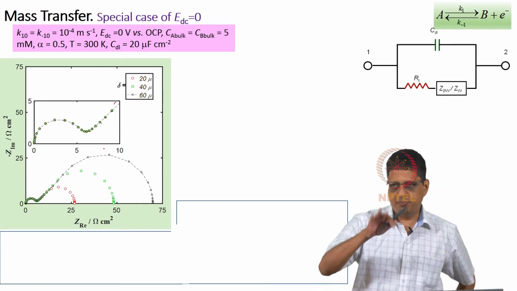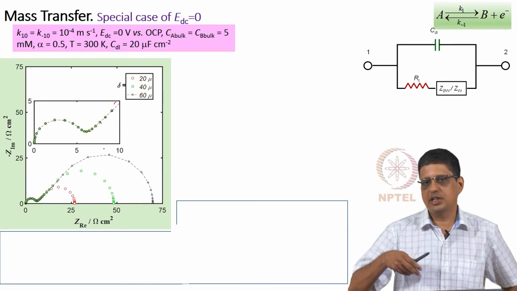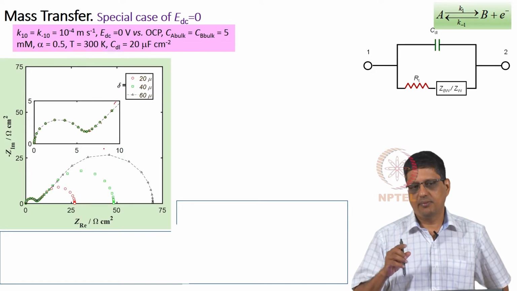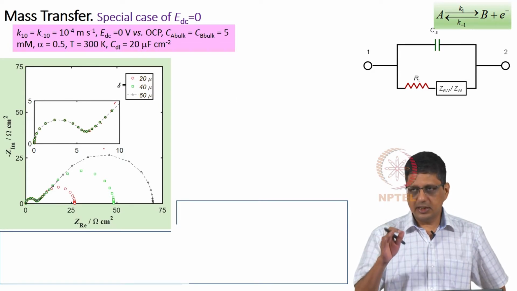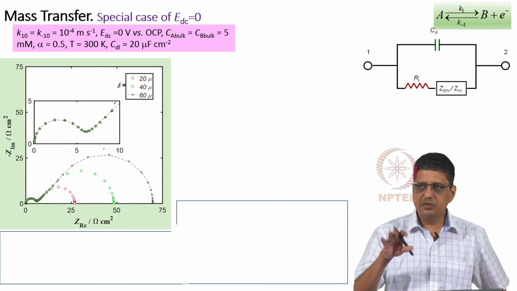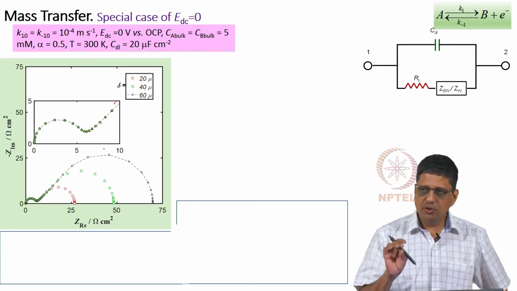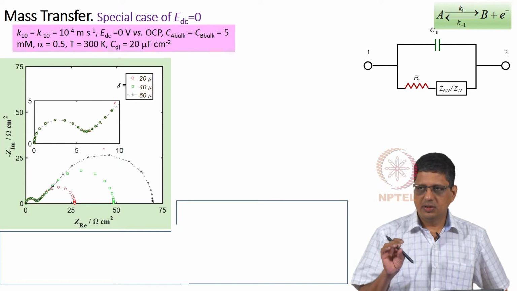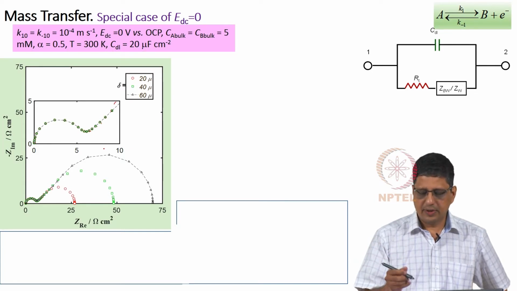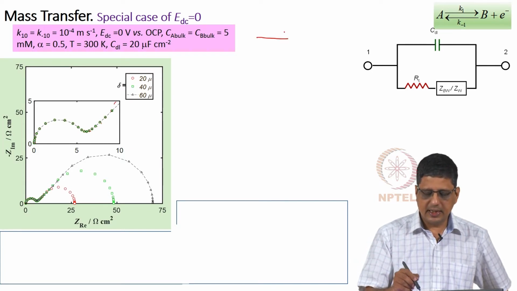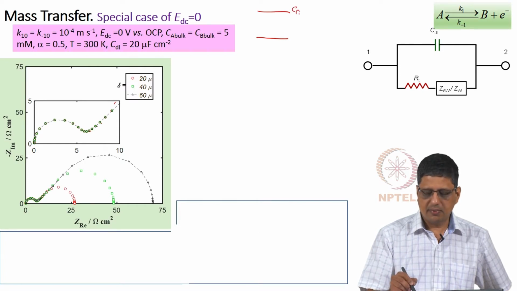K will keep fluctuating as quickly as the potential fluctuates, but the concentration of A and B will not fluctuate that much. So, the magnitude of the concentration change: C A is at this level, C B is at this level, if I apply a DC potential. If I apply a very fast AC, it is going to look like this.